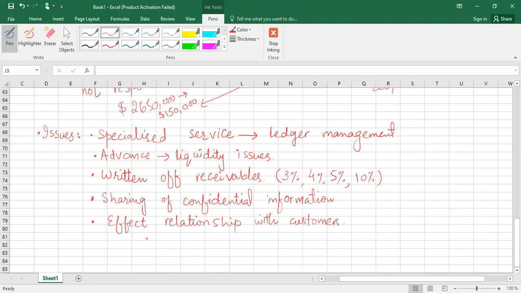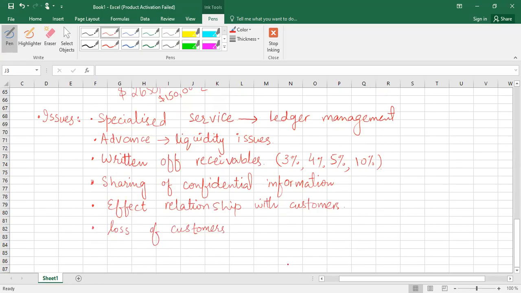Maybe your customers will settle 100% of the liability with the factor company, because now your receivables are managed by them, but they will not continue to have a business relationship with you. So there could be loss of customers, and it is possible that you will lose the customers. So when you are losing the customers, what does it mean? It means that you have to search for new customers to maintain your sales revenue.